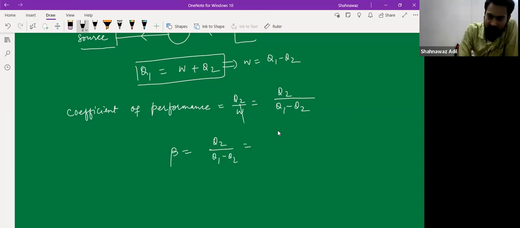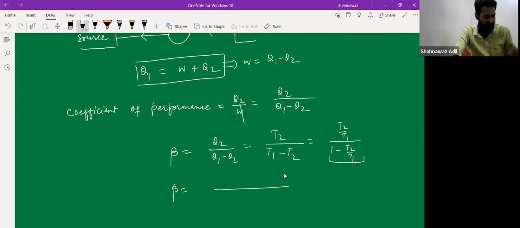So we can write it as T2 by T1 minus T2, right? So this would be how much if we divide this by T1? This would be T2 by T1, and this would be 1 minus T2 by T1. Okay, so you know that this is what? Guys, we have derived this earlier. This is the efficiency, right?